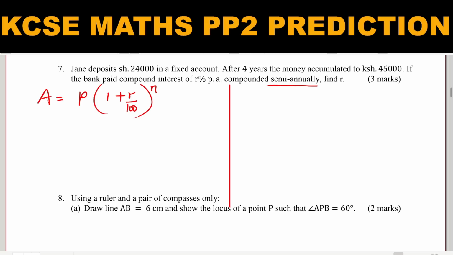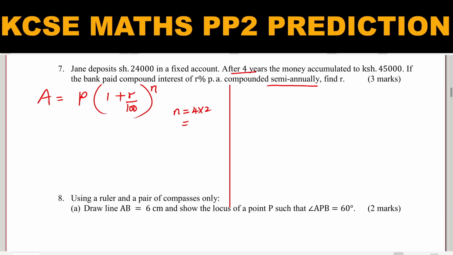Now what you're going to modify in this formula is the rate, because the rate is compounded semi-annually. And also look at the years. You have to change that. Because in 1 year there are 2 interest periods, so what about 4 years? So 4 years will have n is equals to 4 times 2.